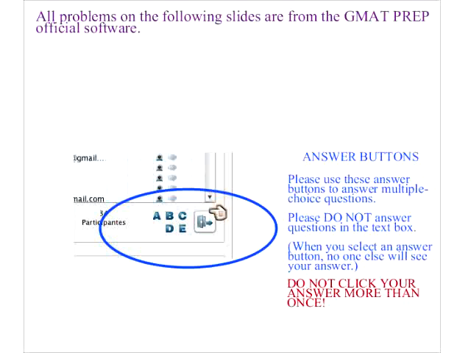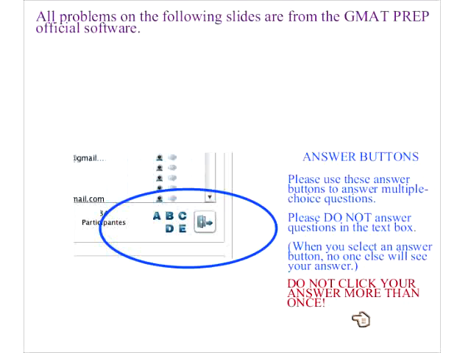When you answer the problems in class, what you're going to see right now is 5 multiple choice options. You should see those underneath the list of names. When you get a multiple choice question, please use those buttons to answer. The other people in the session will not see your answer. It's important that you not click more than once on the button.